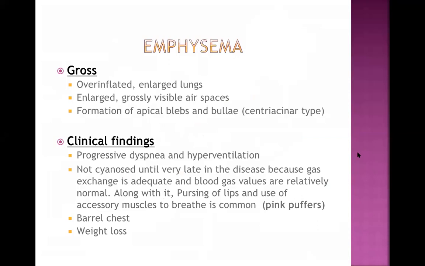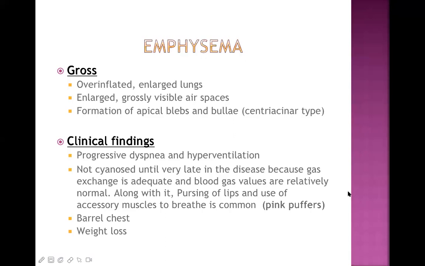Grossly visible air spaces are seen if we cut the lung, and in centriacinar type we can see the formation of blebs towards the apex of the lung. Bleb means smaller, bulla means larger. These are the cyst-like appearances in the upper part of the lung, or upper lobe of the lung.